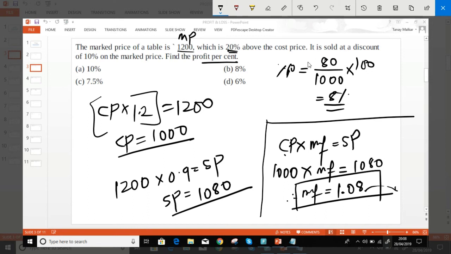So we know how to convert percentage to multiplying factor. In order to convert the multiplying factor to percentage, first we have to multiply by 100. So what do we get? 108. Then again a line of 100, 108. That difference is your profit. So 8% profit.